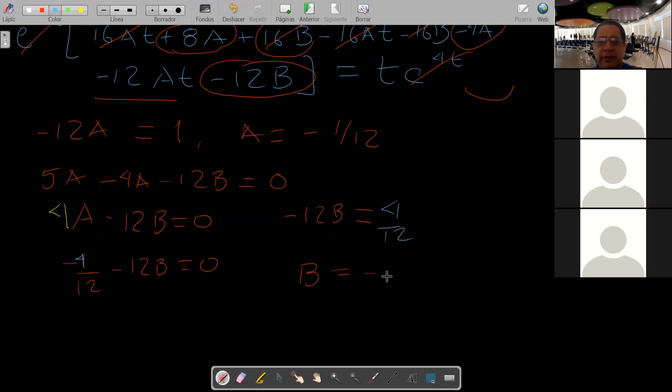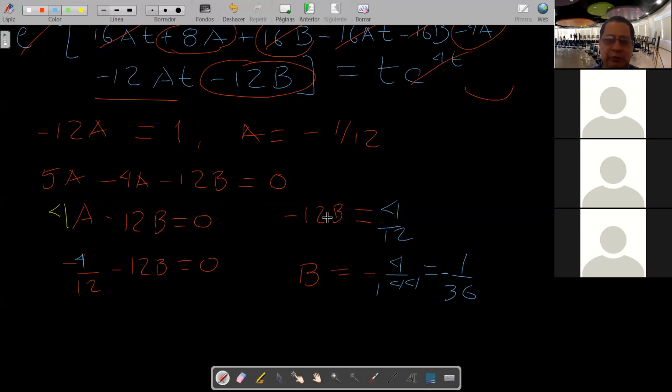And then we have 4 over 144. Can we simplify that? We can divide both terms, and then we have 1 over 36. Okay, that's the value for B.